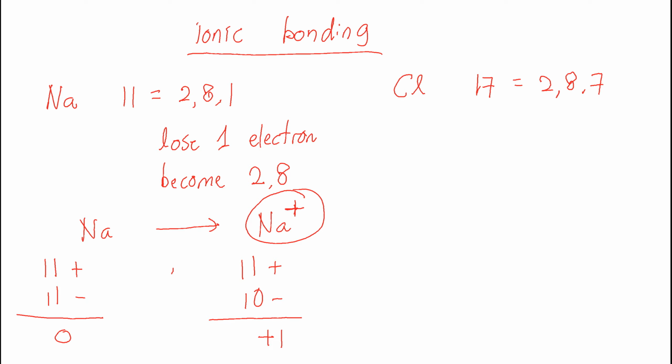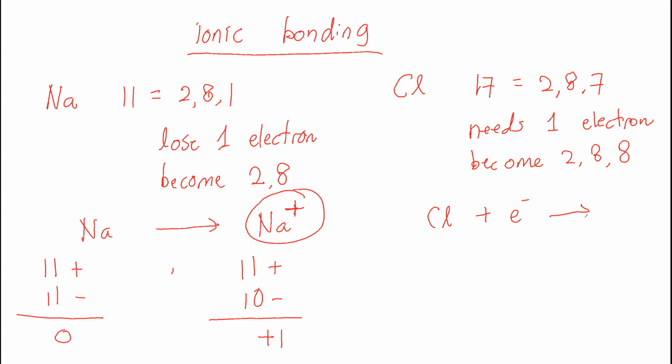To become stable, to become noble, the chlorine atom needs one more electron so that it can achieve the noble state of 2, 8, 8. To do so, the chlorine atom receives an electron to become a chloride ion.